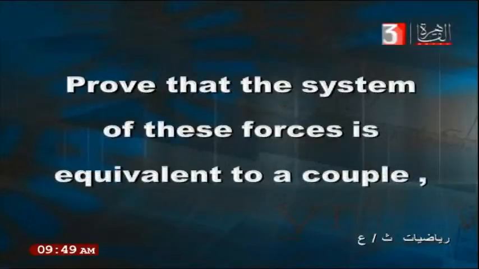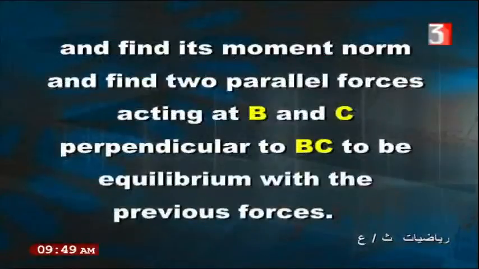Prove that the system of these forces is equivalent to a couple and find its moment norm, and find two parallel forces acting at B and C perpendicular to BC to be in equilibrium with the previous forces.